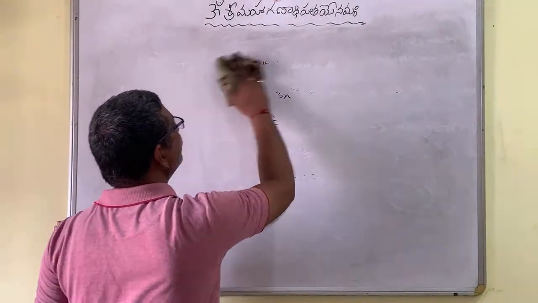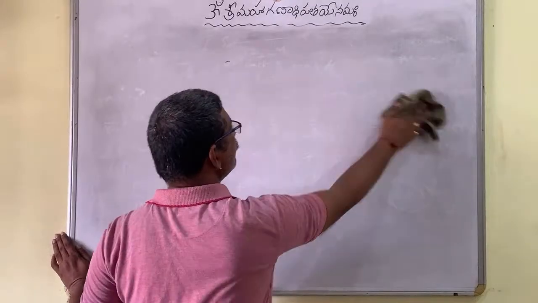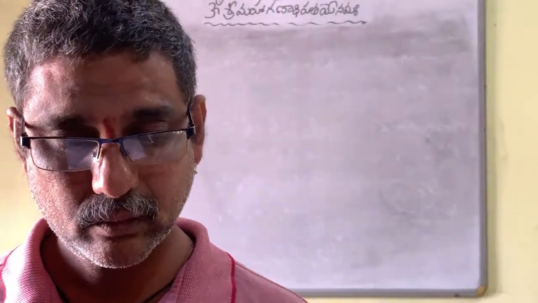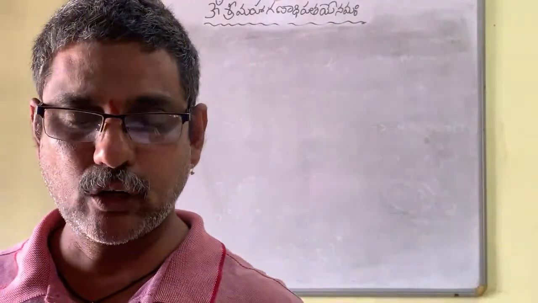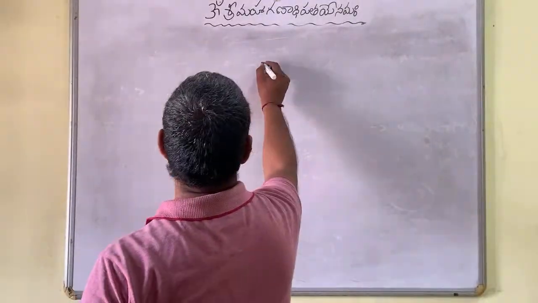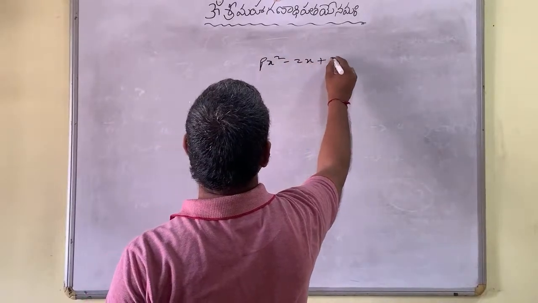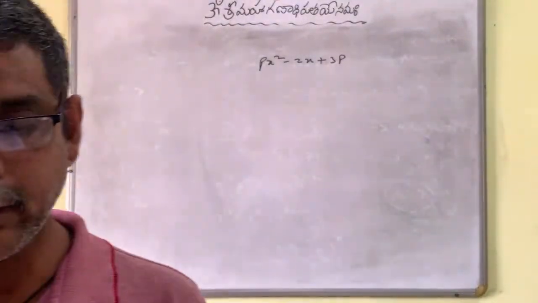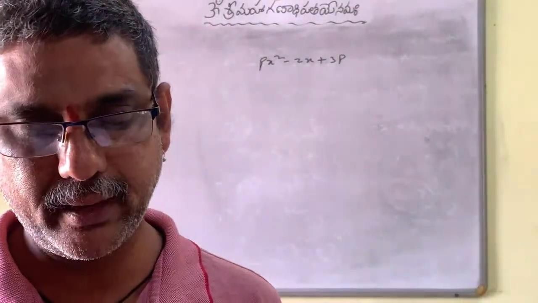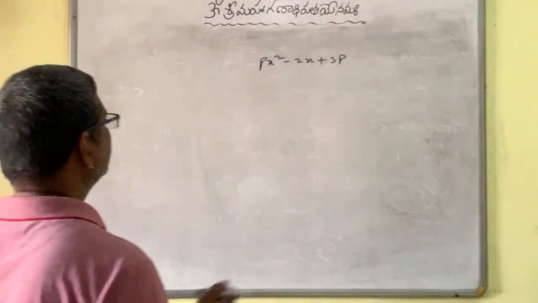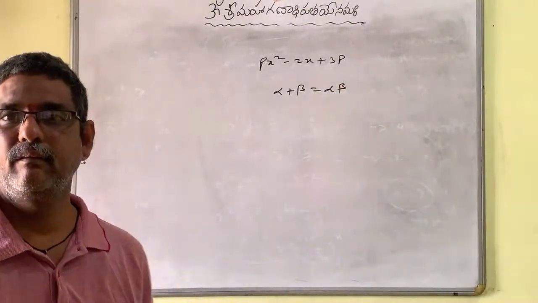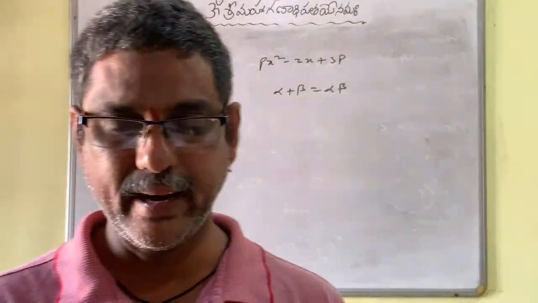Next question. Alpha, beta are the zeros of px square minus 2x plus 3p, and alpha plus beta is given as alpha beta. We need to find out the p value.